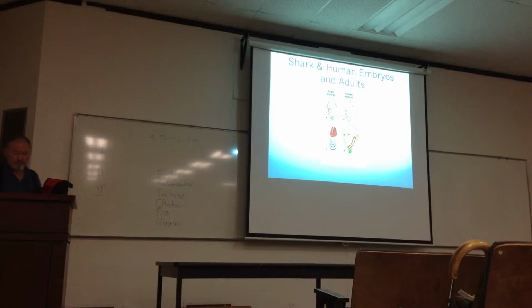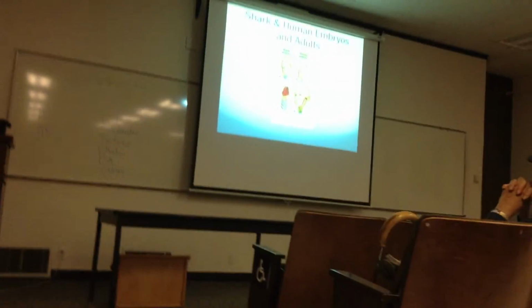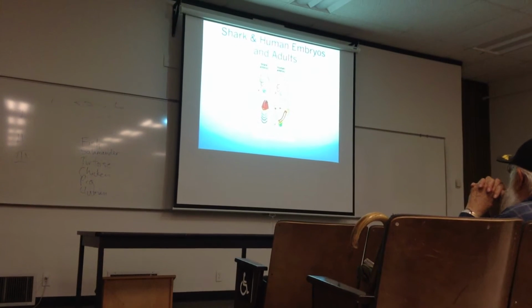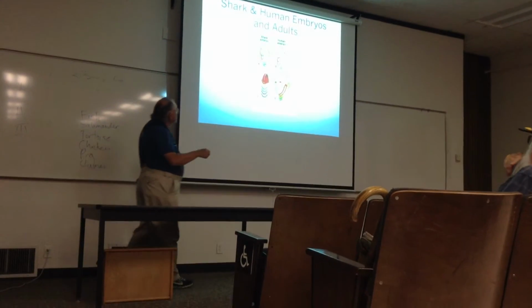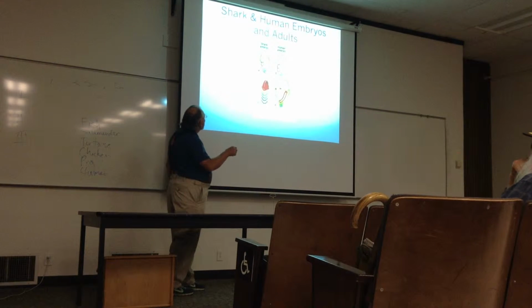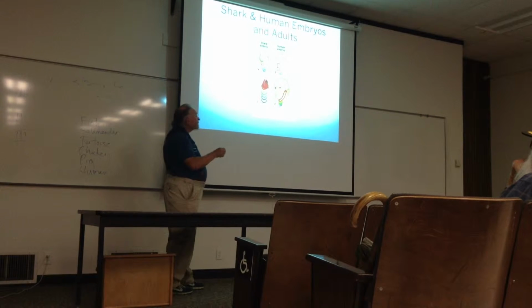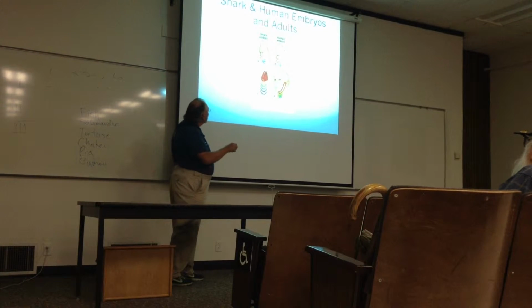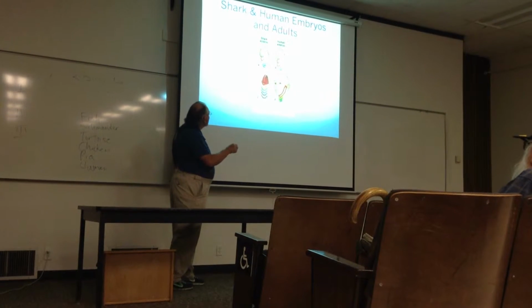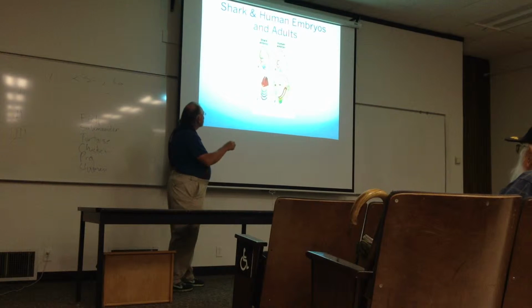In terms of different creatures, here's a shark on the left, and human on the right, and you can see where the different structures come from, or the different gill arches that are here in the shark and here in the human, almost indistinguishable in terms of structure. In the shark, they end up being still gill arches and jaws.